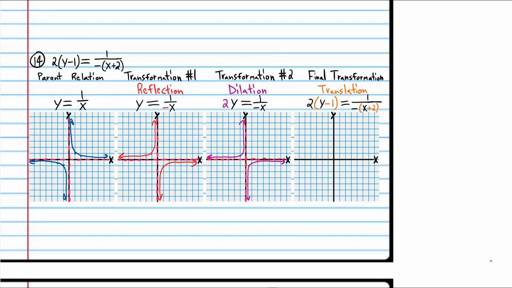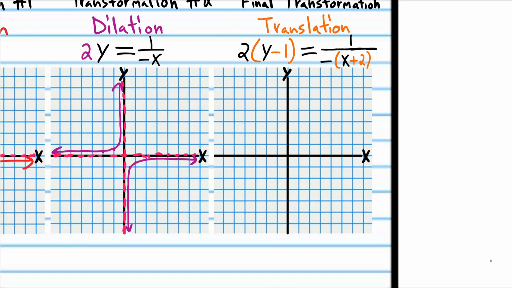Okay, so now we're going to replace y with y minus 1 and x with x plus 2. When we do that, all we have to do is move the graph 2 units to the left and 1 unit up. So I'm going to first move the asymptotes.